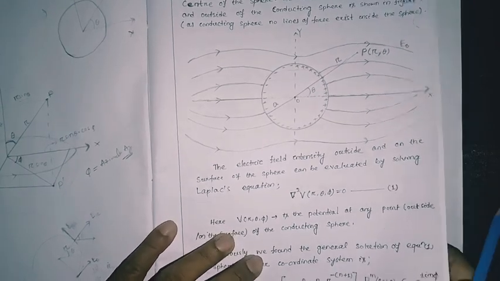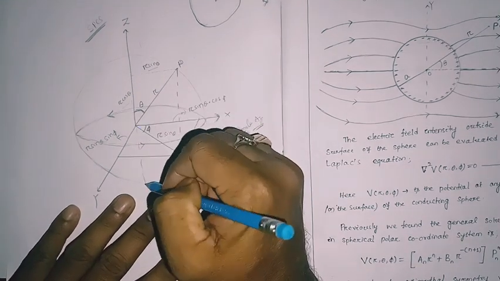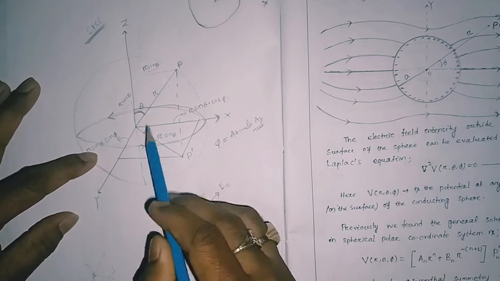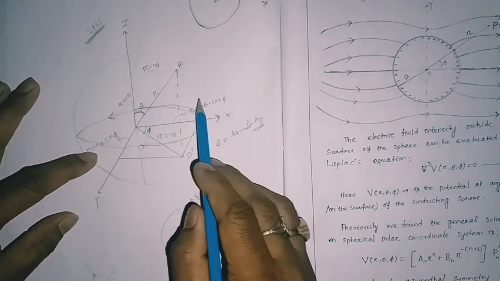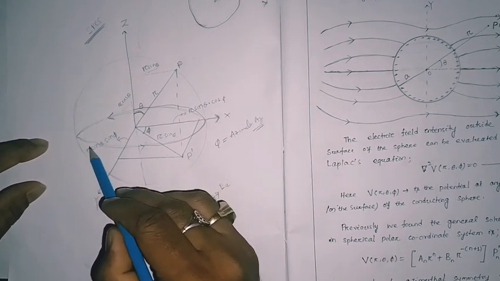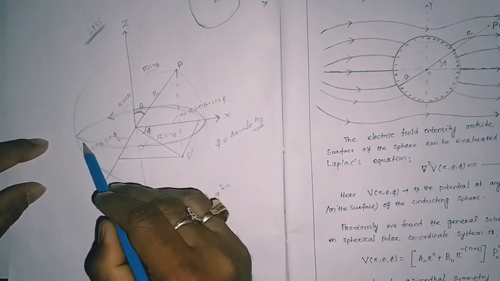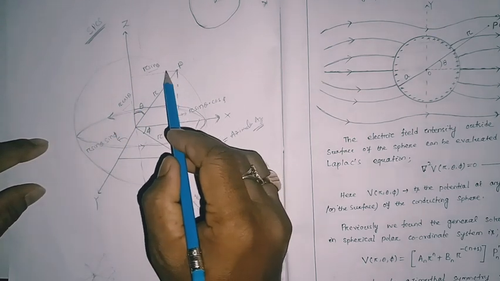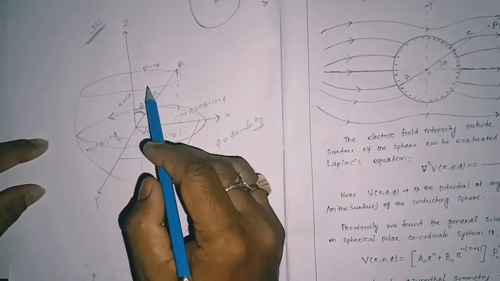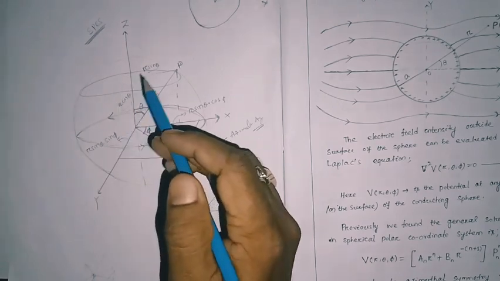Whatever positive charges reside on the surface of the sphere from here to here will be equal to the negative charges residing on the surface of the sphere on this side. So wherever I consider the azimuthal element on the surface, I find the net charge will be 0.